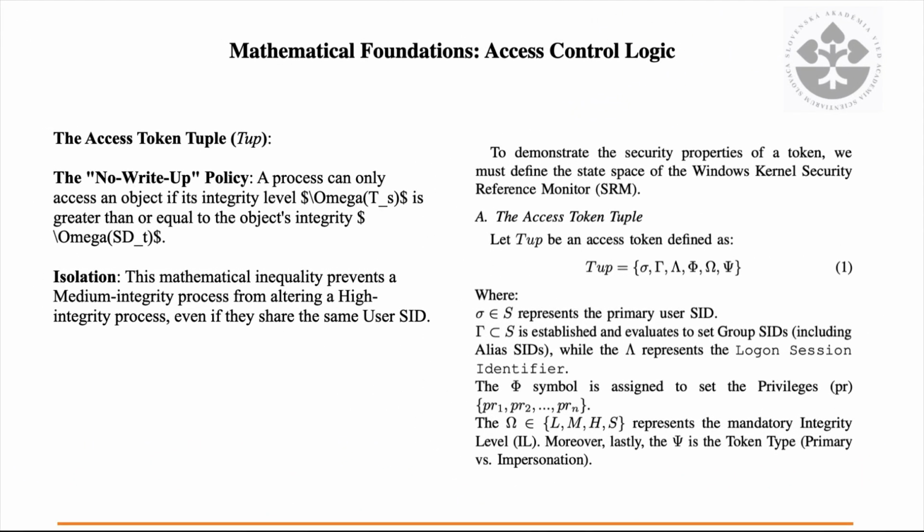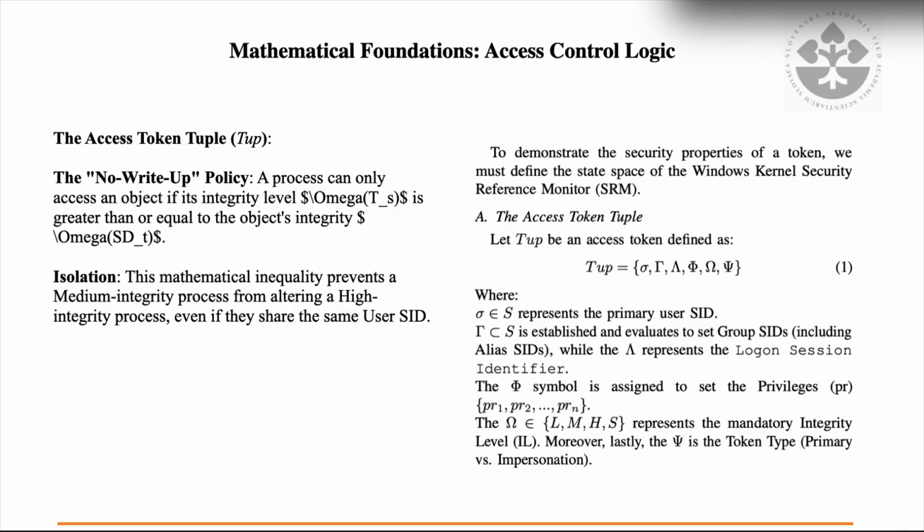Now let me explain from a mathematical standpoint the ACL, what it means. Let's say that T be an access token defined as T equals sigma, gamma, lambda, phi, omega, and psi.